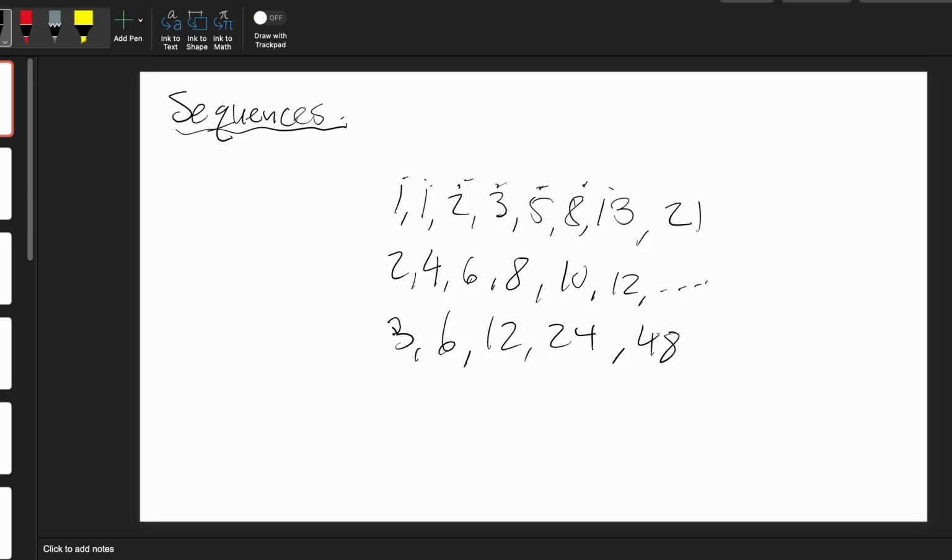So how do I get the next element? I just multiply by 2. So each time I'm just doubling the preceding element. For the even numbers, how I get the next element is I just add 2.